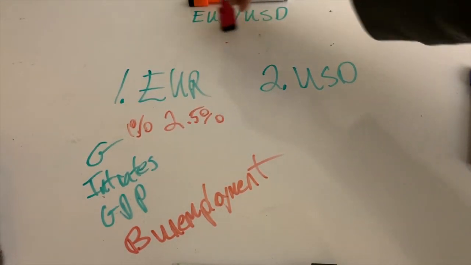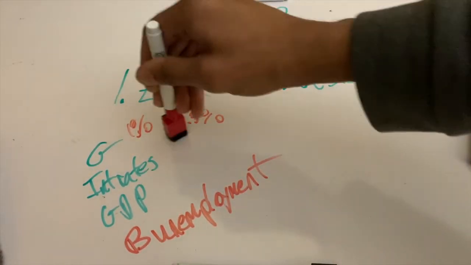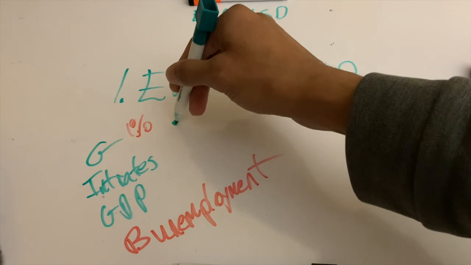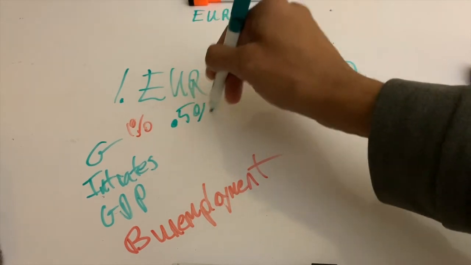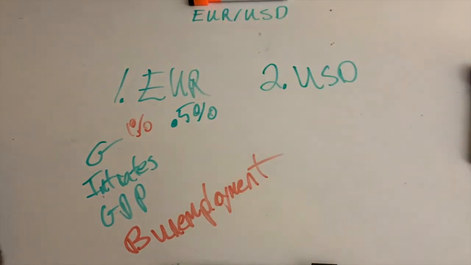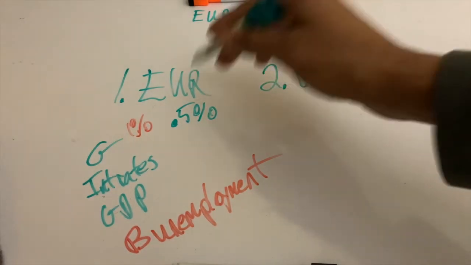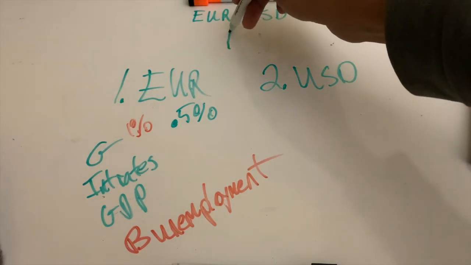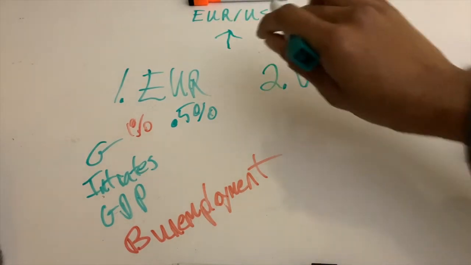Now, if these unemployment rates were expected to be 1%, and then they come in lower than expected at 0.5%, it being bad news, lower than expected actually benefits the euro, strengthens the euro, could potentially push the price upward.